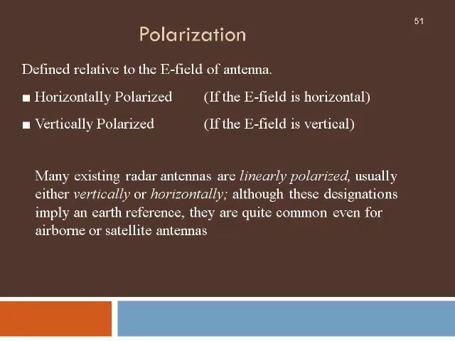Normally, we have the antennas either vertically polarized or horizontally polarized, or grouped into a single one. We call them linearly polarized. These designations imply the earth reference, but even with airborne or satellite antennas, the same terminology is being used.